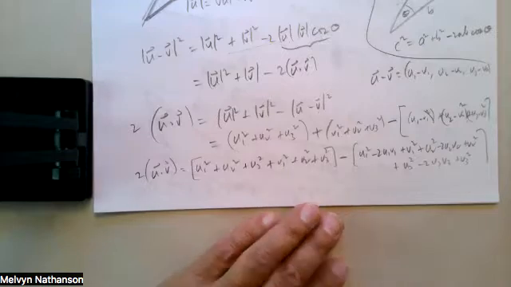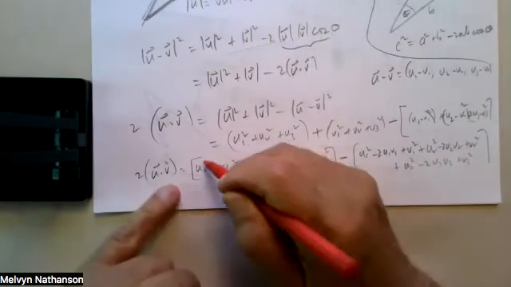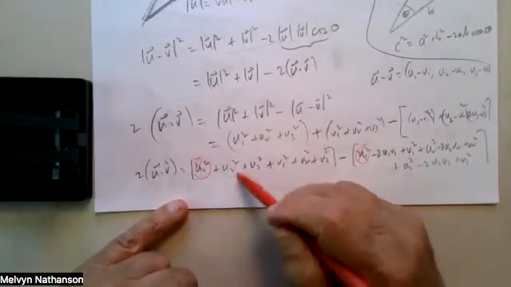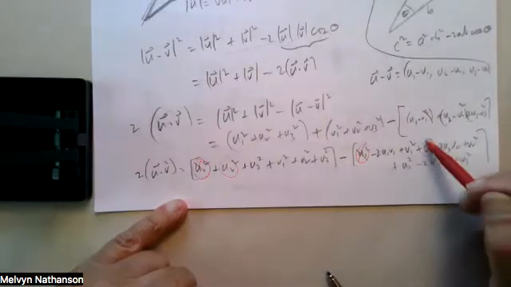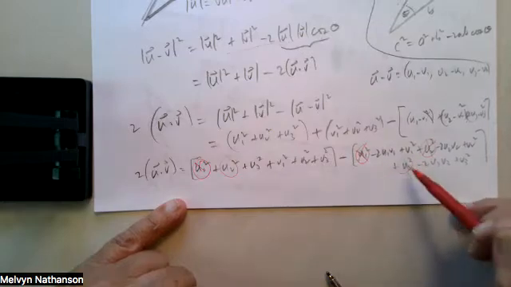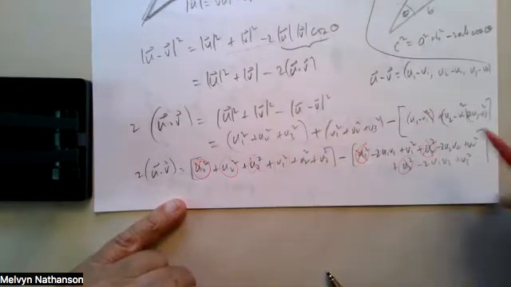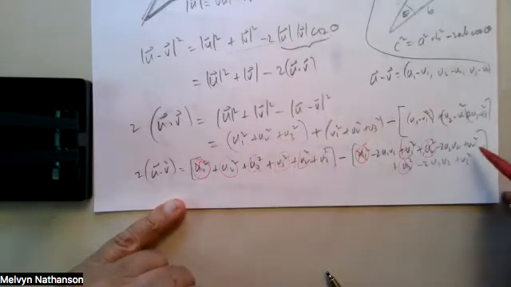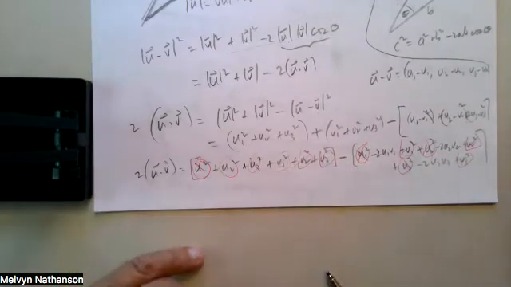If I look at this, I see there's a lot of cancellation. Here's u1 squared, here's minus u1 squared, they cancel. u2 squared minus u2 squared, they cancel. u3 squared minus u3 squared, they cancel. Similarly, v1 squared cancels v1 squared, v2 squared cancels v2 squared, v3 squared cancels v3 squared.